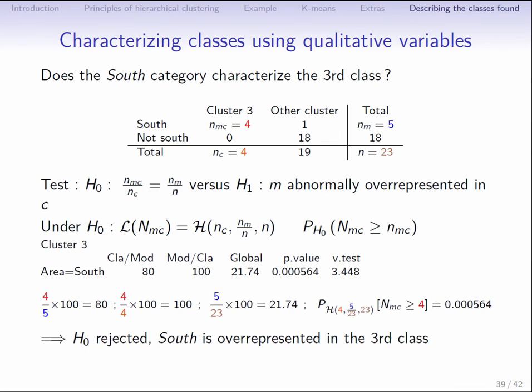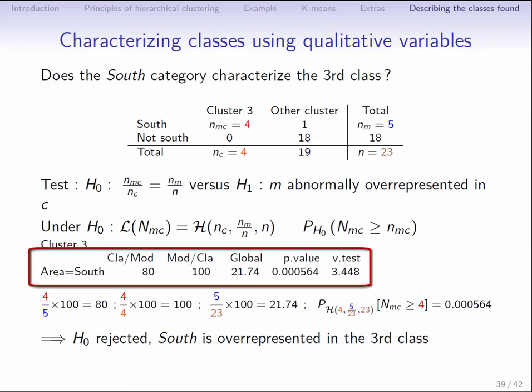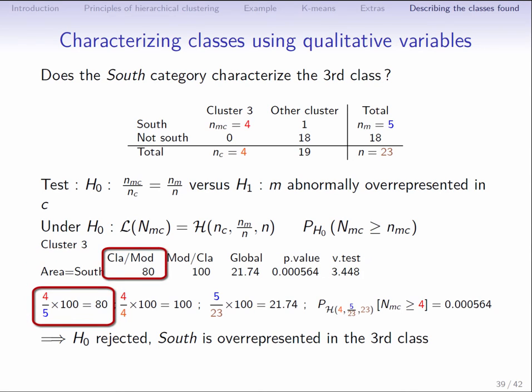We obtain this table. In the rows, we have the categories. Here, we have just one row corresponding to South. The first column of the table gives the proportion of towns from the South that are in the third class. The calculation to be done is therefore NMC over NM, giving 4 over 5, or 80%.